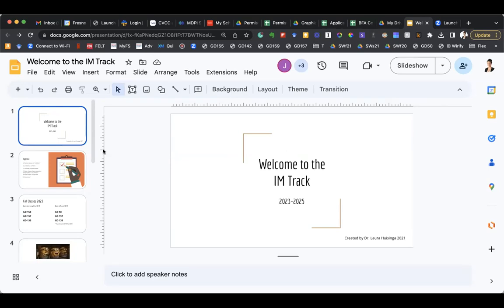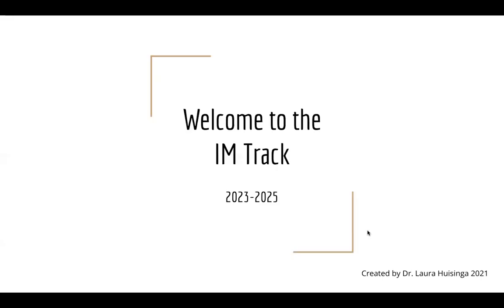But let's go ahead, jump into it. I've got some slides just to walk through the information about the track. I'm switching it to slideshow once it loads. Can everyone see that all right?